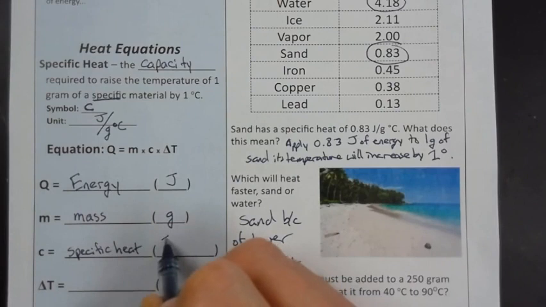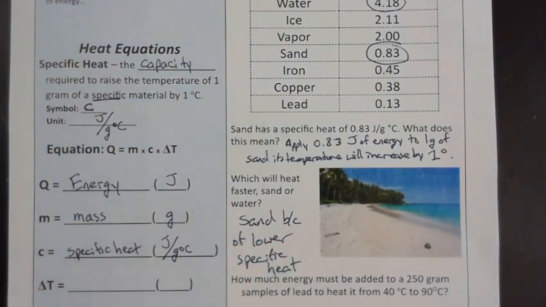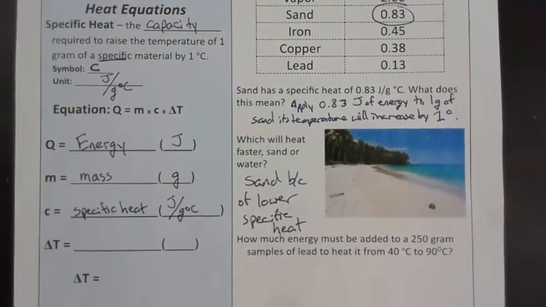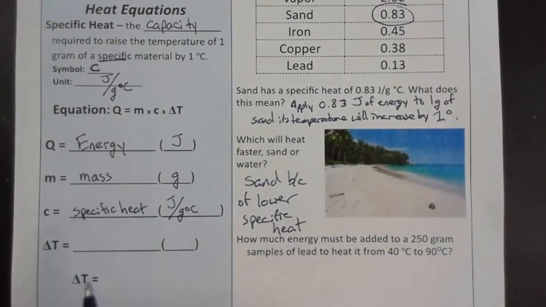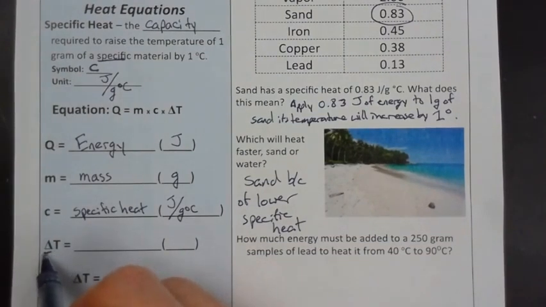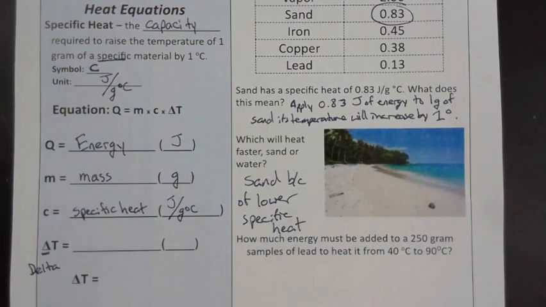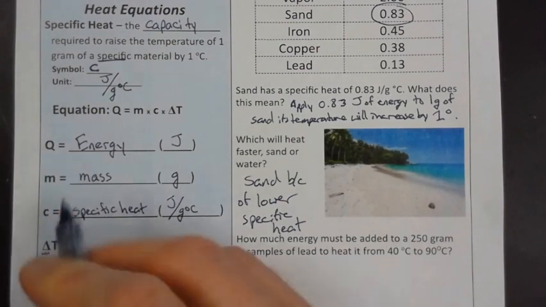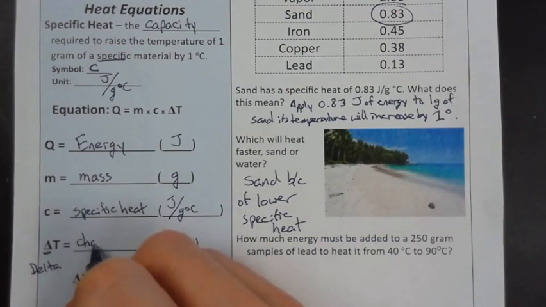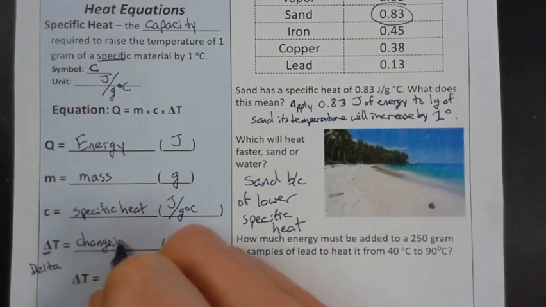And the units, again, are that weird combined units of joules per gram degree Celsius. And for temperature, we're not so much interested in what the current temperature is of a system, but how much the temperature has changed. So this little triangle here represents the Greek letter delta. And in mathematics, that Greek letter delta represents change. So delta T actually stands for the change in temperature.